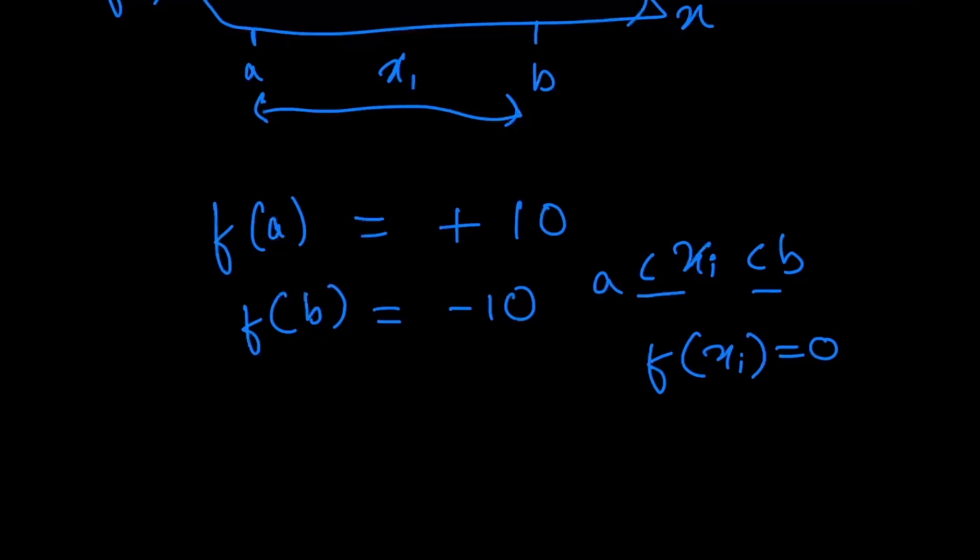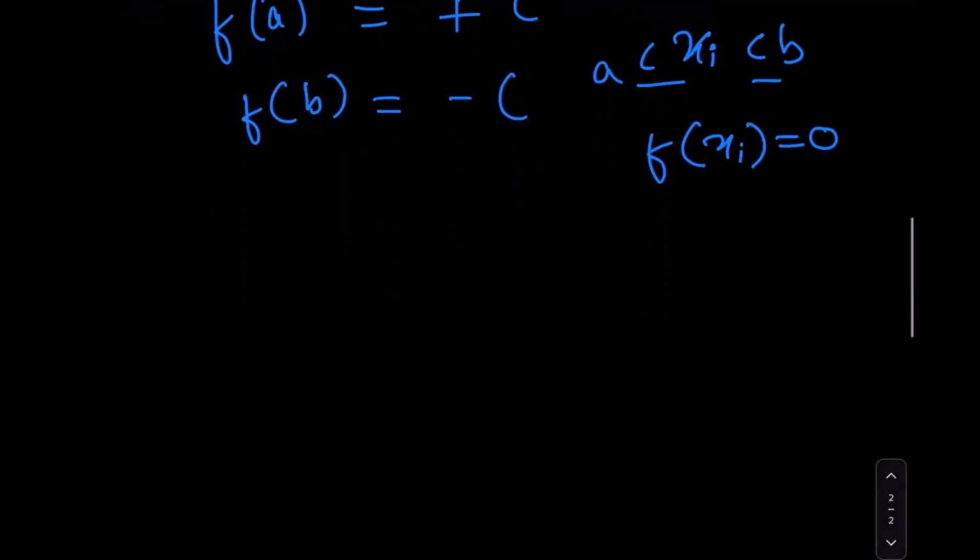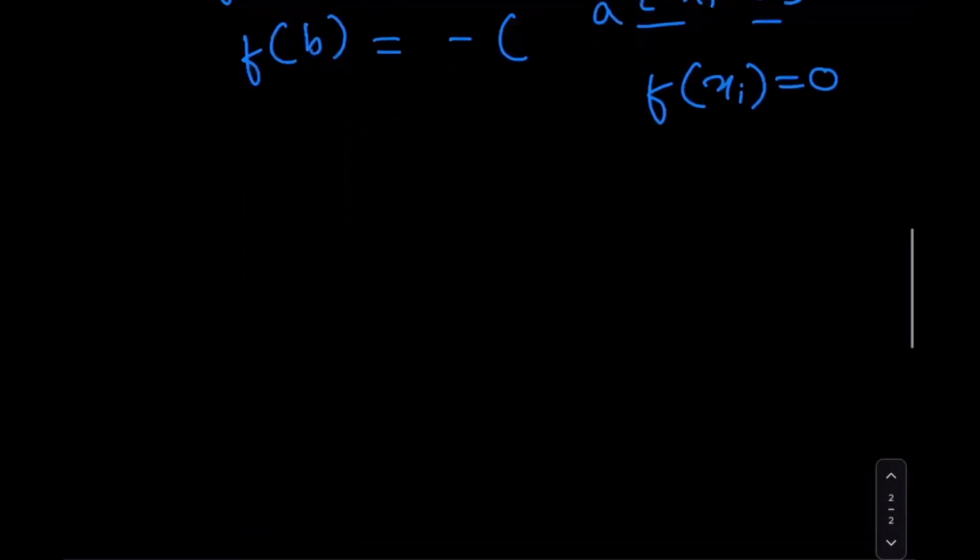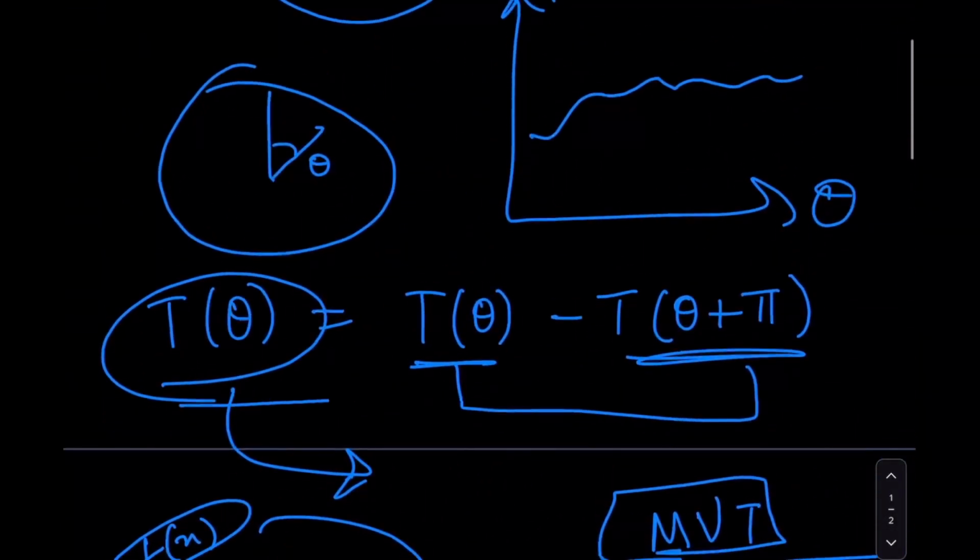And 10 isn't any special value, we could have anything. So just to denote a constant value, we'll call it plus c and minus c.